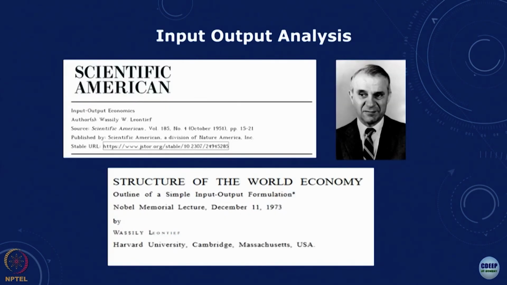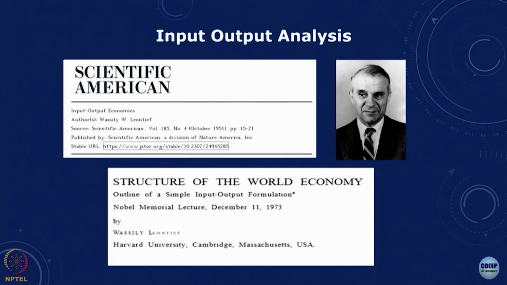The model that we are going to talk about is the input-output analysis, and this was proposed by Vasily Leontief way back in the 1930s, where he initially proposed it, and then he used this methodology to extend it to develop an input-output model for the US.